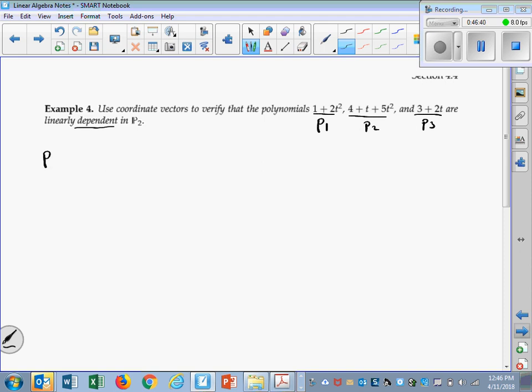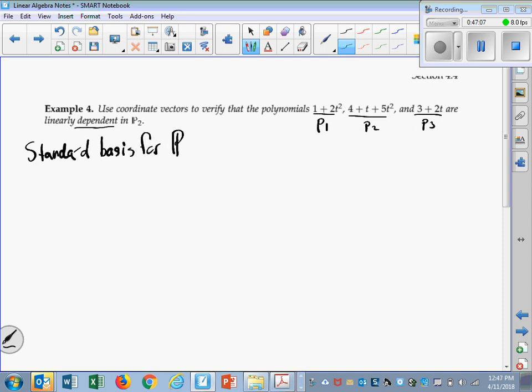What is the standard basis for P2? Let's maybe write that down before I get to the B coordinates. So standard basis for P2. This is all second degree polynomials.